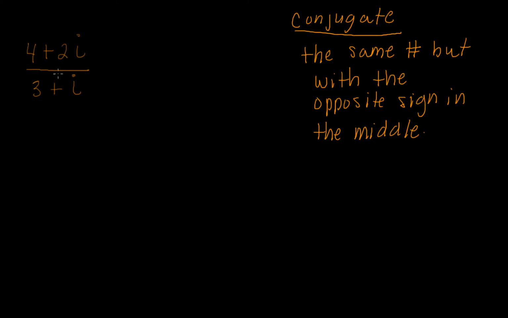So the complex conjugate of 3 plus I would be 3 minus I. The complex conjugate of 4 plus 2I would be 4 minus 2I.